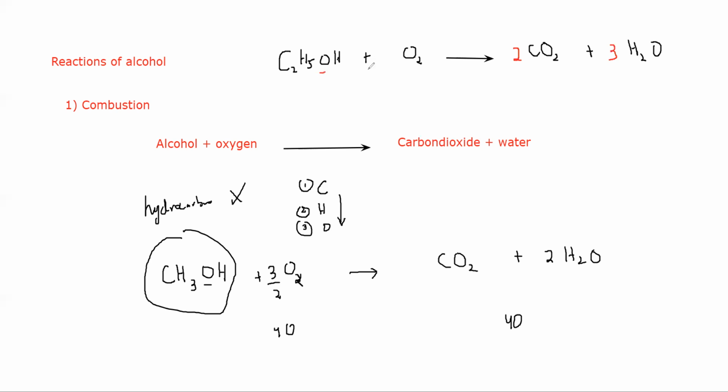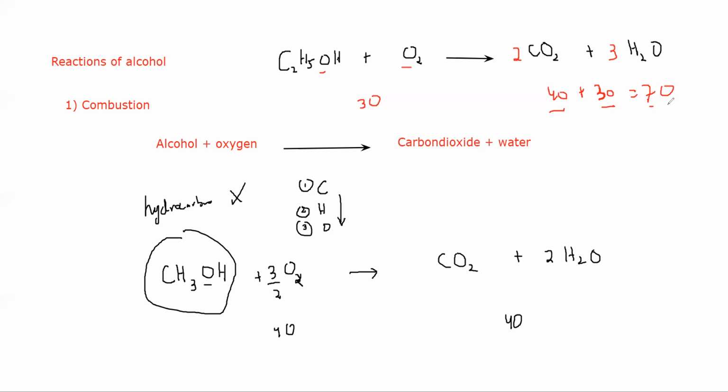You have 1 oxygen here and you have 2 multiplied by 2, 4 oxygen, and plus 3, that makes 7. So total I need 7 oxygen.